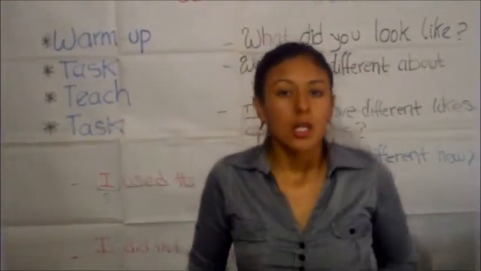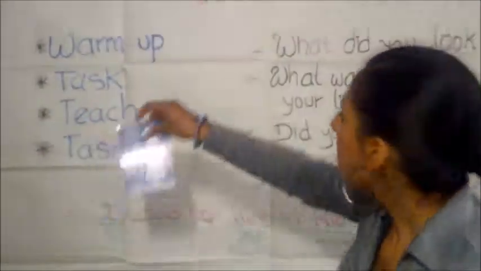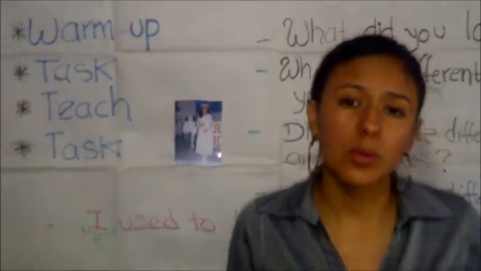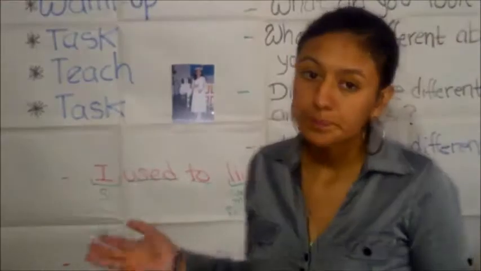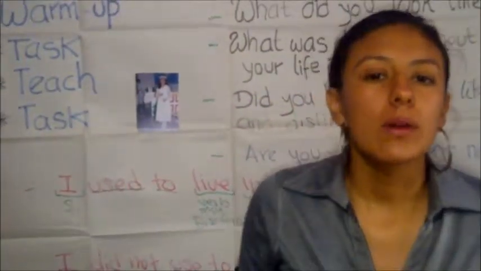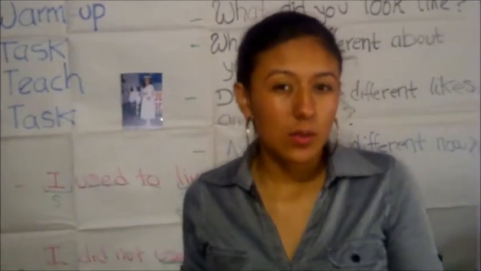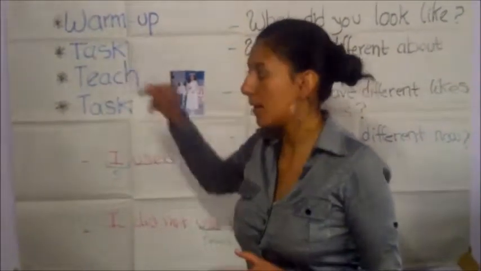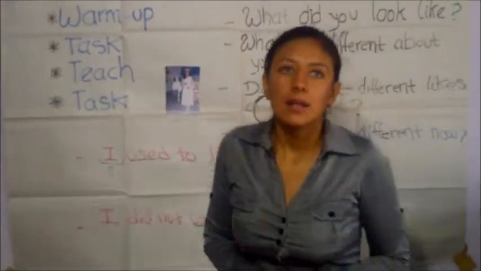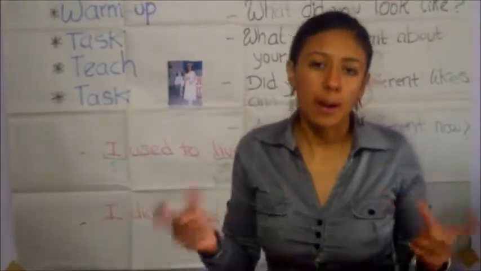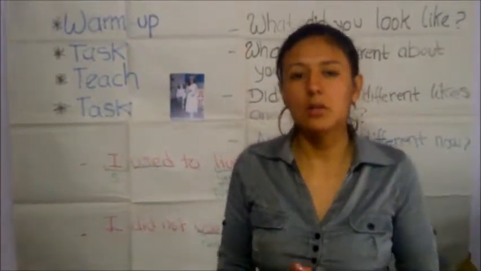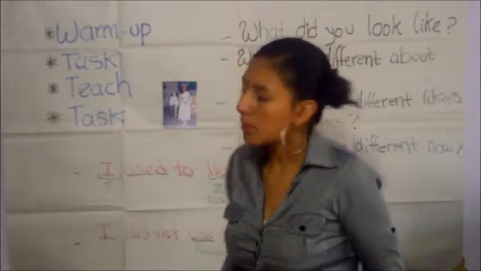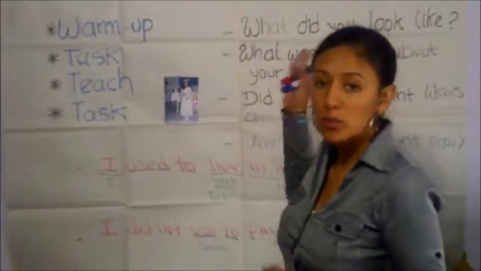For the teach stage, you are going to paste your photograph on the board. Then you have to tell the students how you were different 10 years ago. For this part, you are going to do the same activity that you asked the students to do in the task stage, and you can write a short paragraph of 5 to 6 sentences, because then you are going to use 2 sentences in order to explain the used to structure.